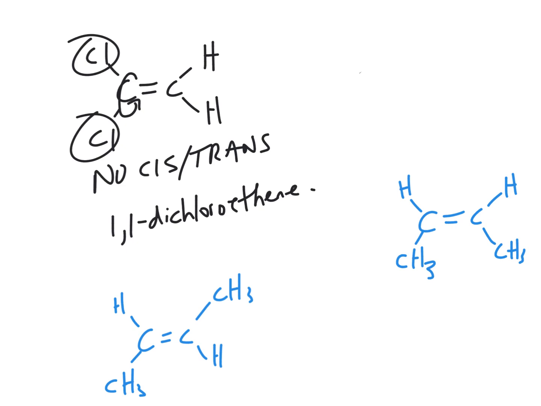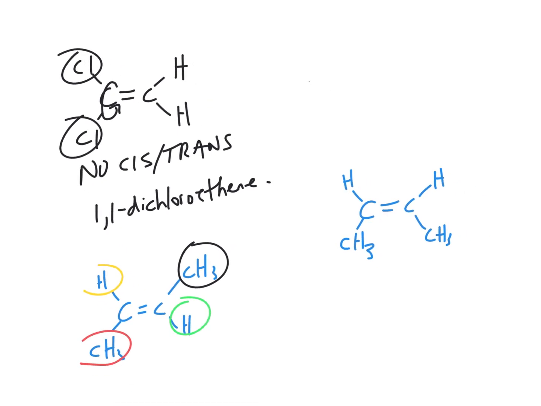Okay, whereas you look at these two that I just wrote here in blue, and you analyze the R1 and R2, R3 and R4 on each side. So have a look here. That one's not the same as that one, and that one's not the same as that one. Okay, on both of them. And so this does exhibit cis-trans isomerism. So now what we do is we name the molecule carefully, and then we assign which is cis and which is trans, okay?